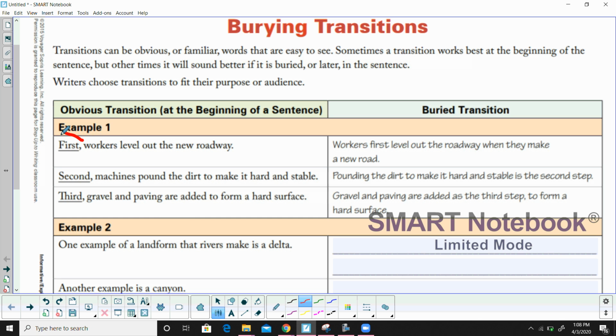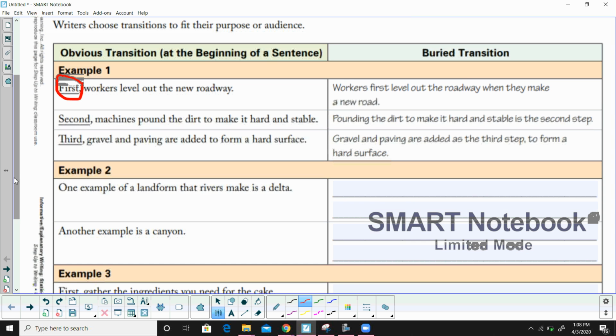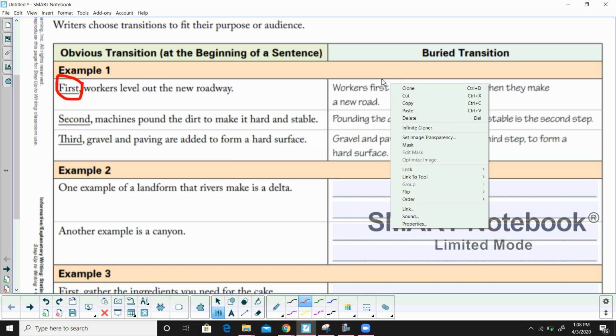We see, first, workers level out the new roadway, right? Then if I look at the right side in the buried transition example, it says, workers first level out the roadway when they make a new road. So they use that same exact transition here, first.